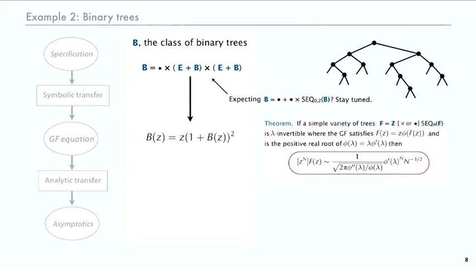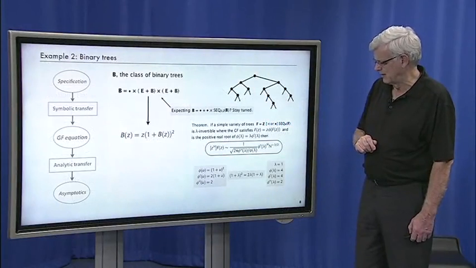If you have z times a function involving the original on the right, then that's a simple variety of trees. So we take the simple variety of trees theorem. We have to identify the characteristic function. In this case, it's (1 plus u) squared. Compute the derivatives, 2 times (1 plus u), and 2. Characteristic equation, phi of u equals u phi prime of u, and that works down to this equation. The lambda squared and the 2 lambda cancel, and it comes out lambda equals 1.